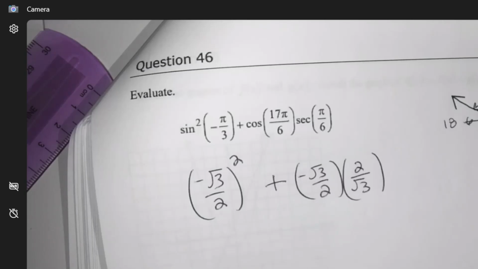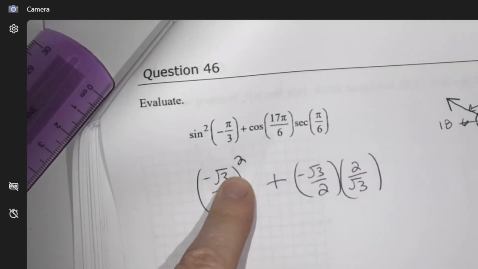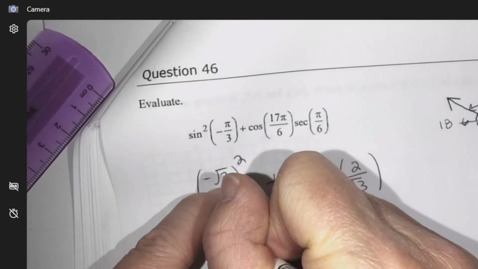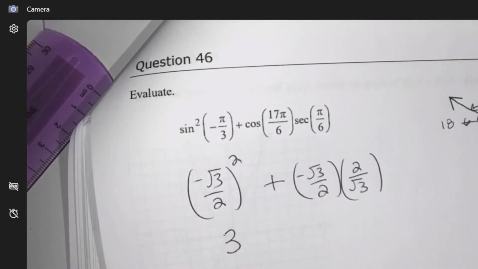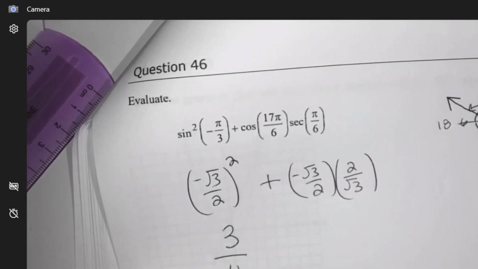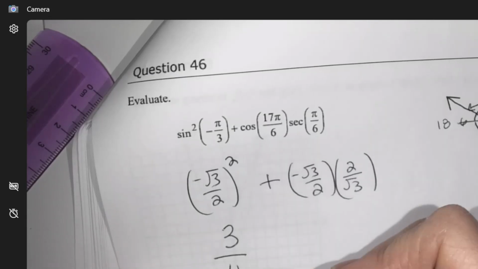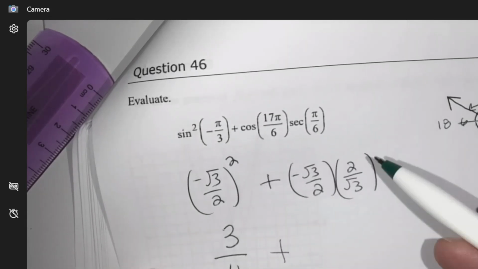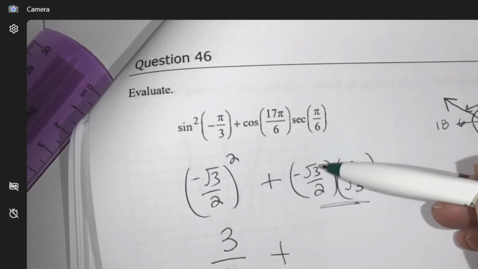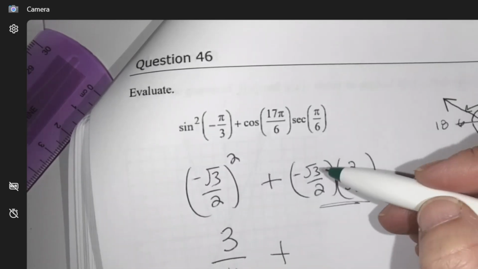Now you've got to do the math. So if I square, root 3 becomes 3, positive, because negative makes positive, over 4. And then plus, so BEDMAS, I multiply those first before I add. What happens with all these things?